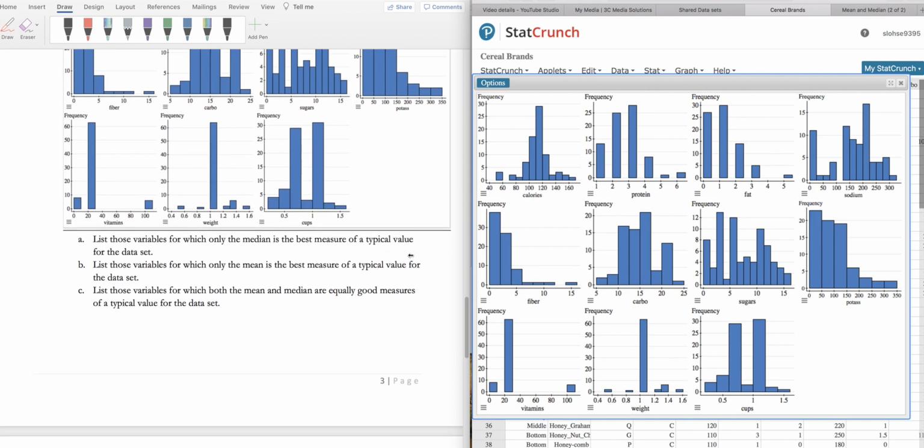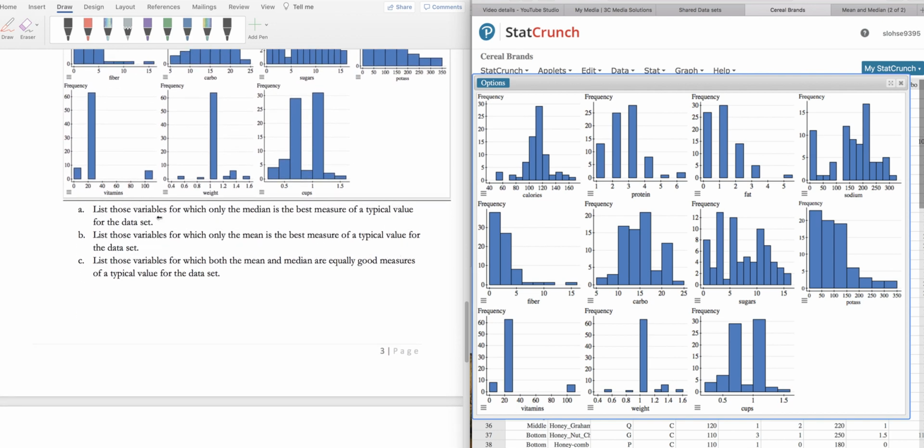So what we're supposed to be doing here, choose those variables for which only the median is the best measure of center. So we know that the median is going to be best if we have skewness or if we have outliers. And let's take a look at all these questions before we look to those data sets.